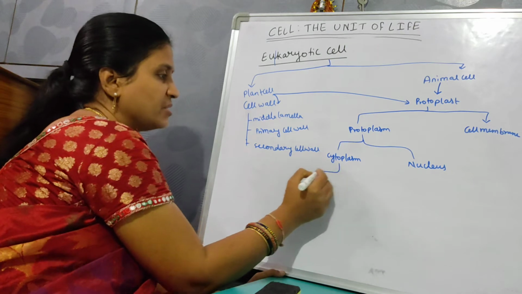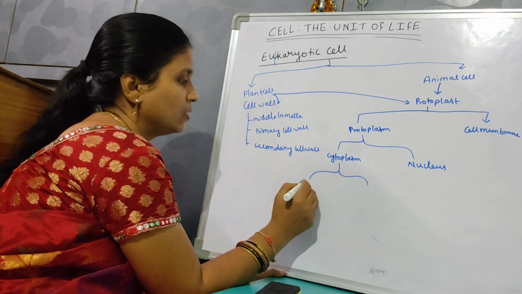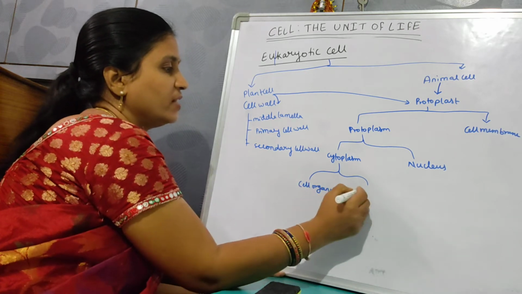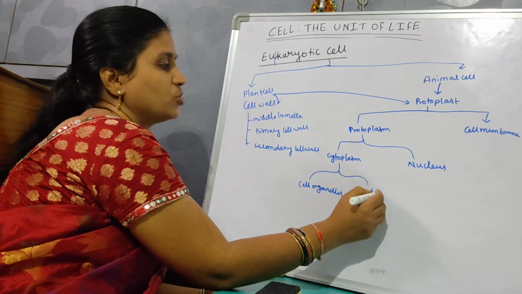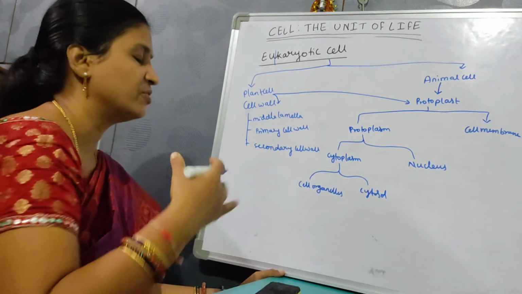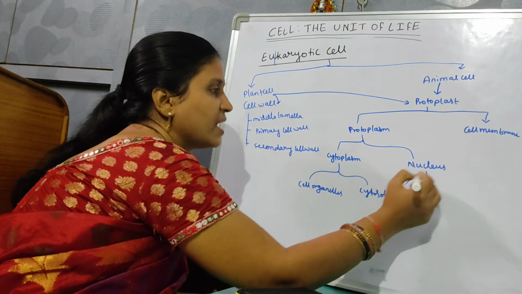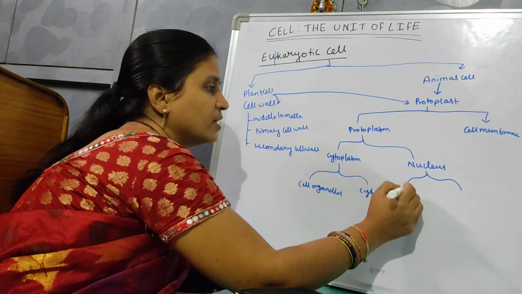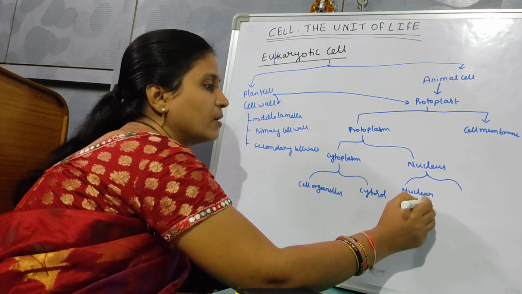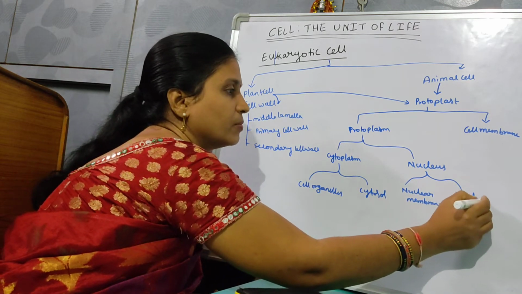The cytoplasm is nothing but cell organelles which will be floating in the cytosol. In the cytosol, the water will be present, at the same time some reservoir materials, dissolved materials will be present. The nucleus is having again two parts: nuclear membrane, then nucleoplasm.